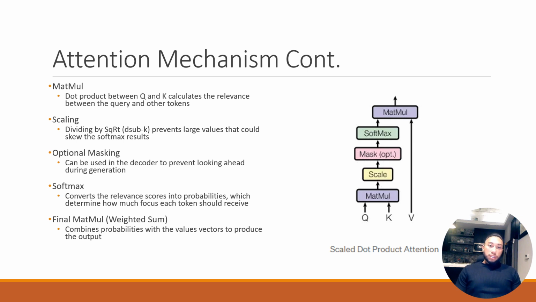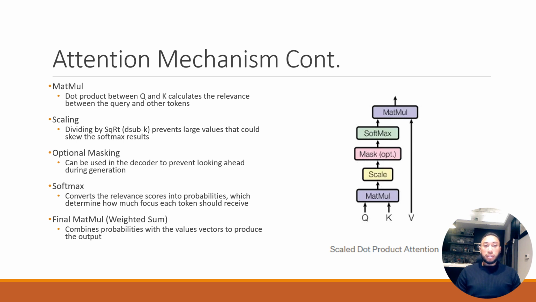So a little bit more about the attention mechanism continued, and I'm sorry for that. So on the top right, on the right-hand side, you're able to see the representation of this actual workflow. And at the very bottom, you have Q and K, so the query and the key, and you perform matrix multiplication.